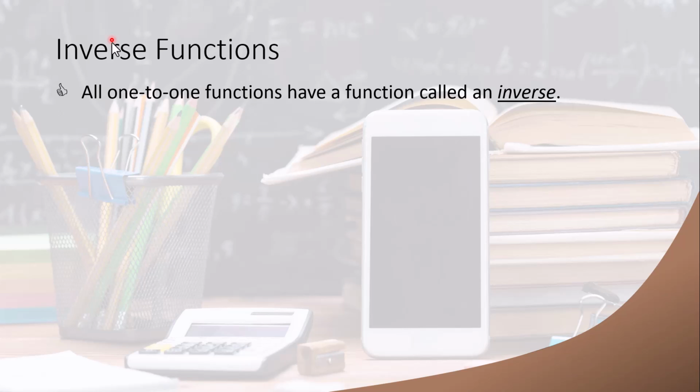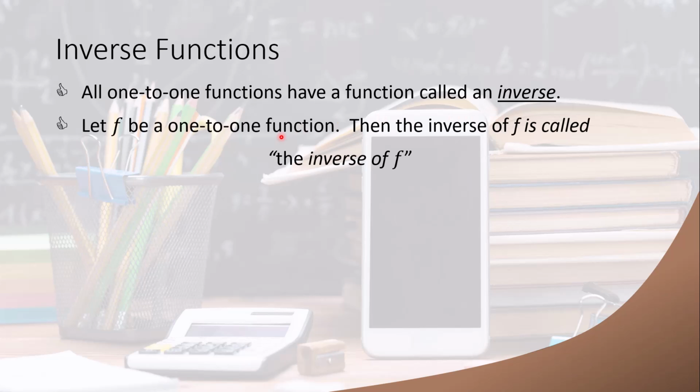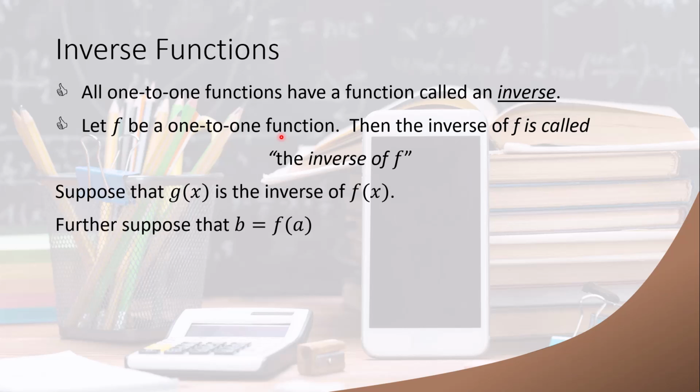Now, one of the cool things about a one-to-one function is that it has what we call an inverse function. So let's suppose we have a function, and we're going to call it f, and let's suppose that's a one-to-one function. Well, then the inverse of f is very wittingly called, yeah, you guessed it, the inverse of f. There is also a notation associated with that, but we will talk about that a little bit later. Now let's suppose that g is the inverse of f, and further suppose that f evaluated at the number a produces the number b.